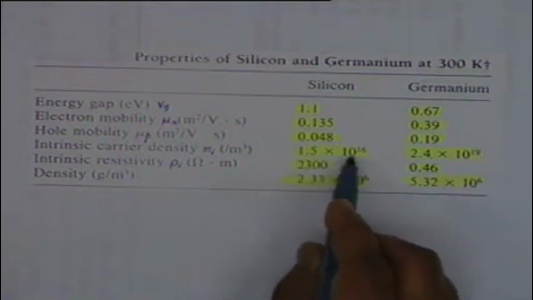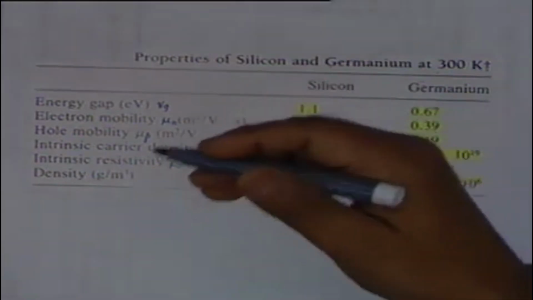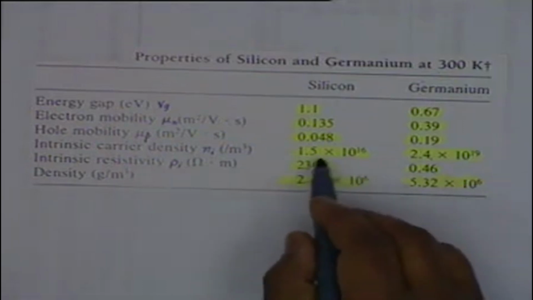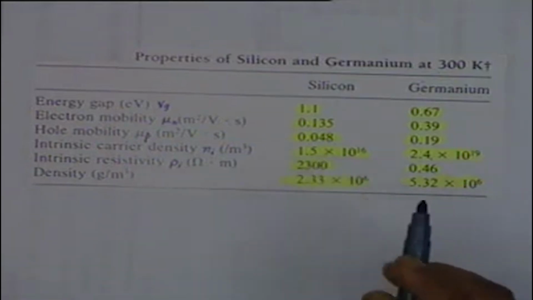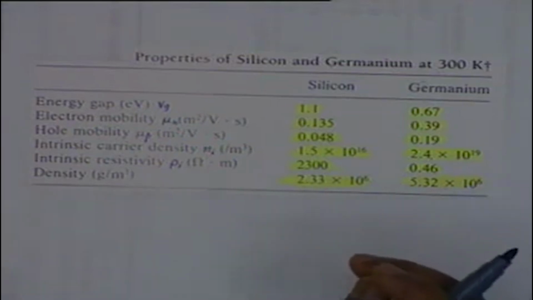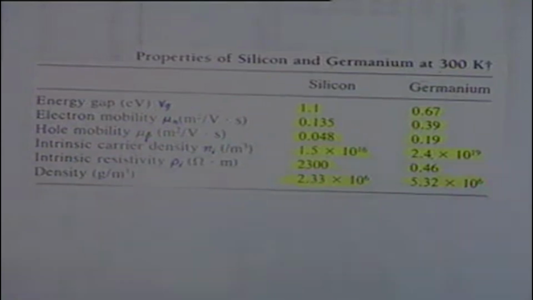what is the number of atoms per unit volume in silicon? Well, we can make a similar calculation as we did in the case of copper: Avogadro number divided by atomic weight divided by density, and that comes of the order of 10 to the 21, which means that for every 10 to the 5 atoms of silicon there is one hole or one electron.